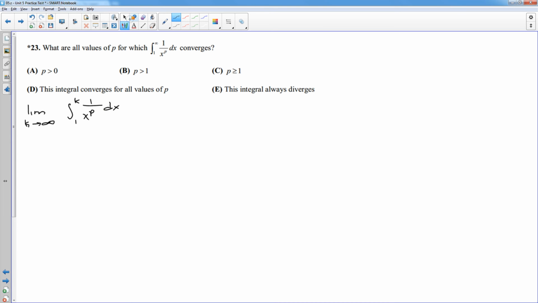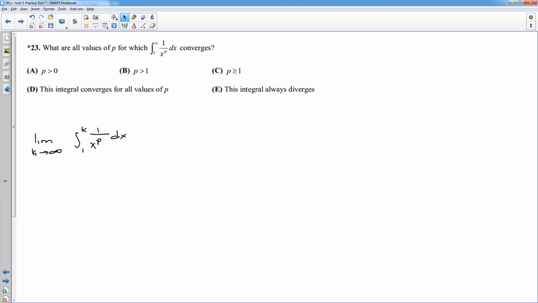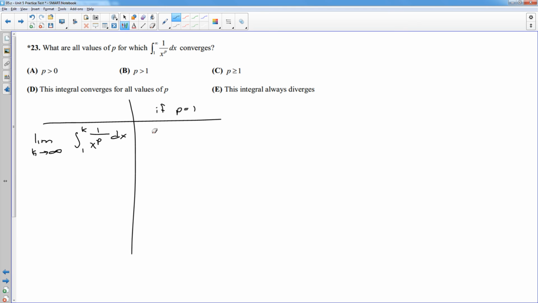There are 3 key options that I'm going to focus on for this integral. And I know that if p is equal to 1, this turns into a very nice integral because it would be the antiderivative from 1 to k of 1 over x dx, and that antiderivative is simply the natural log of x from 1 to k, which would be the natural log of k minus natural log of 1.